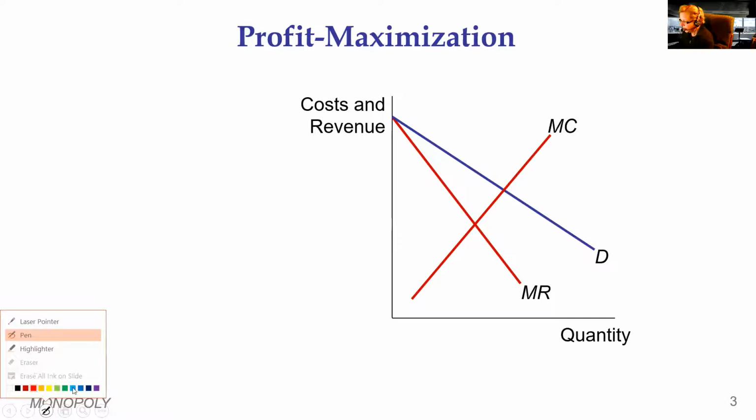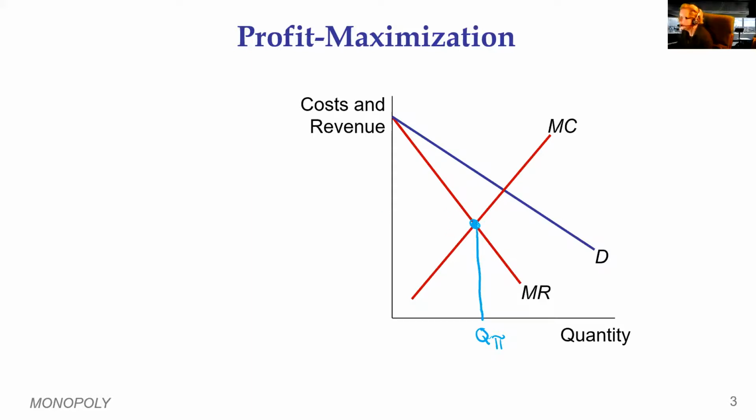The first most important point to find, remember, is where marginal revenue and marginal cost meet. We're going to follow that down to the quantity. This will be the quantity that maximizes profit. So that's how the monopolist determines the quantity they produce.